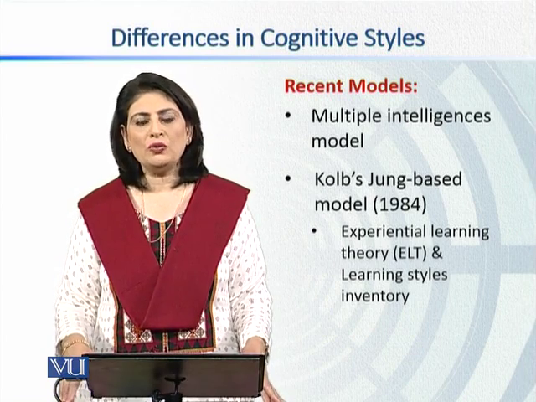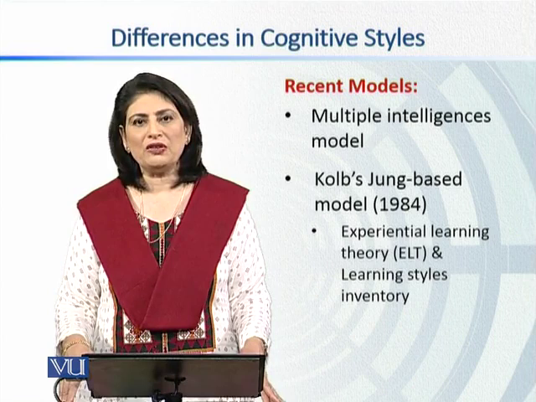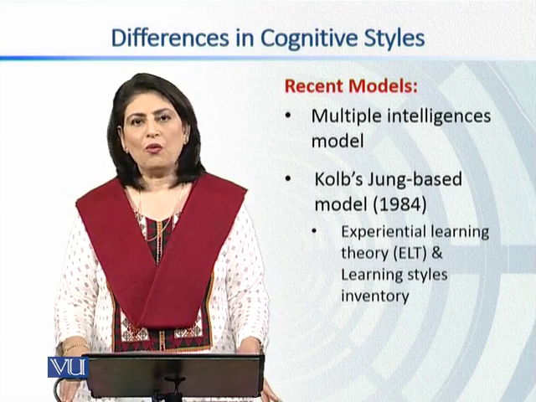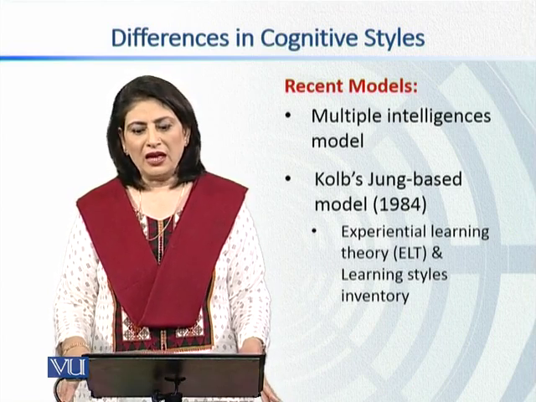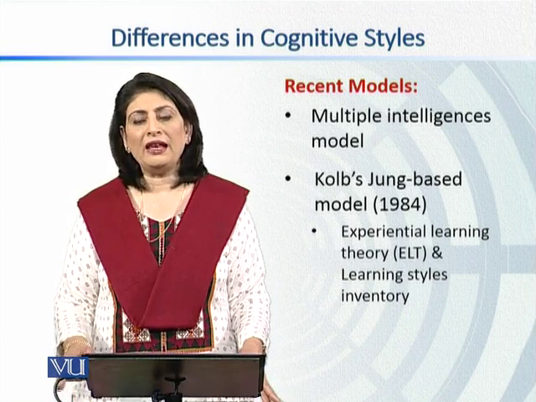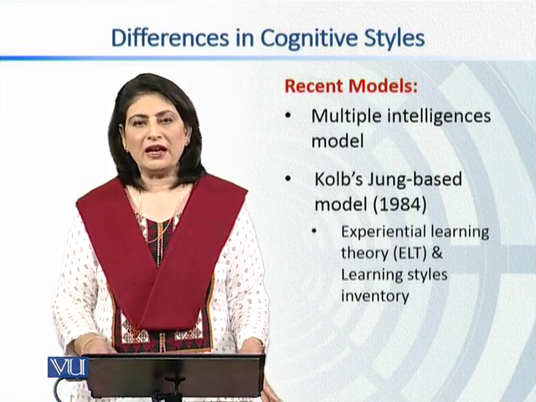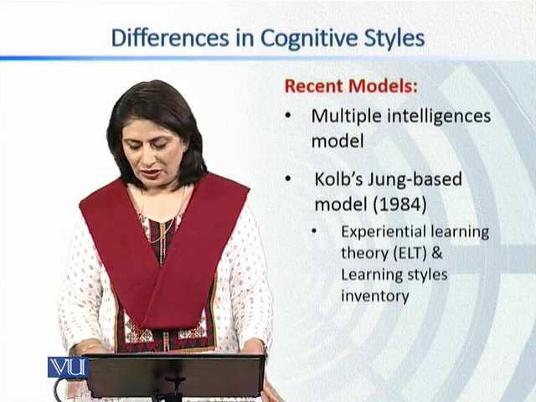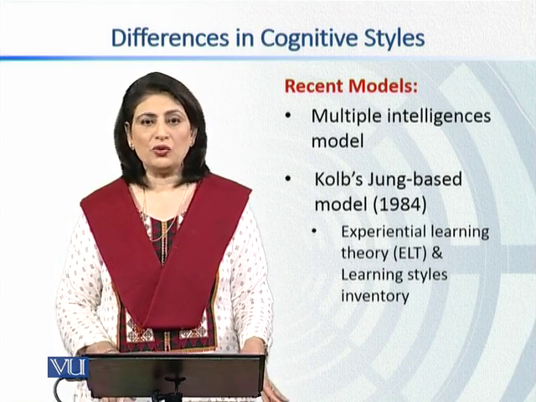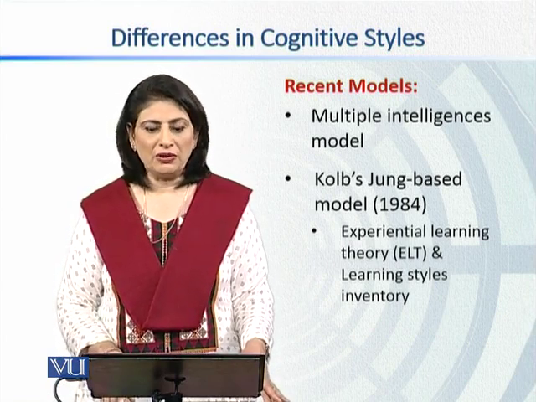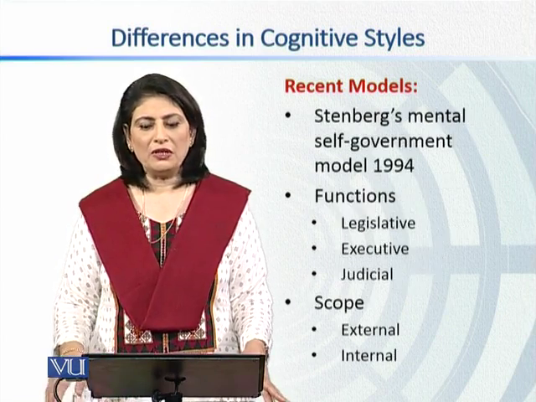That is, how do you learn a language based on your experience while doing something? And the LSI, that is, the Learning Styles Inventory, is very much there. If you're interested in using it with your students in your research, it's an interesting model.